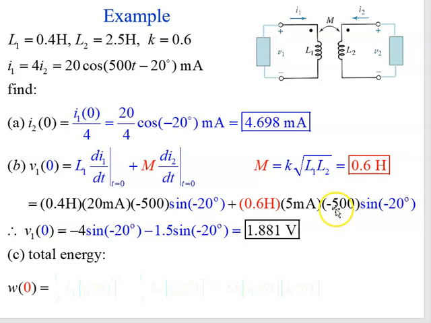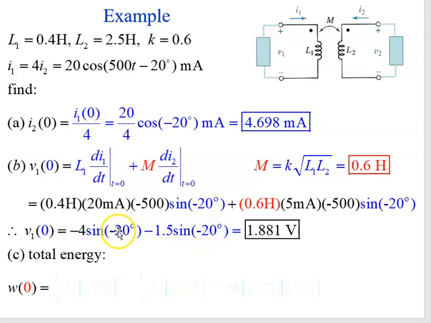When we take that derivative, omega is 500 radians per second, and we negate that because the derivative of the cosine is the negative sine. We get that V1 is negative 4 sine of negative 20 degrees minus 1.5 sine of negative 20 degrees.